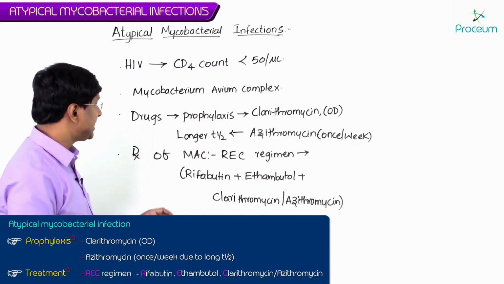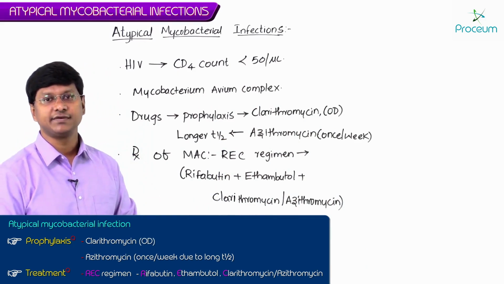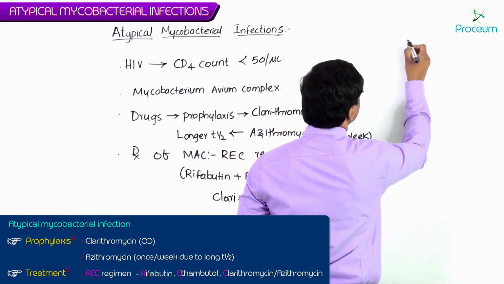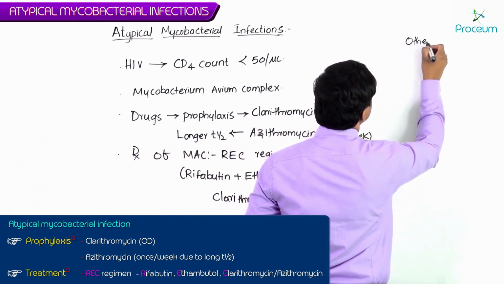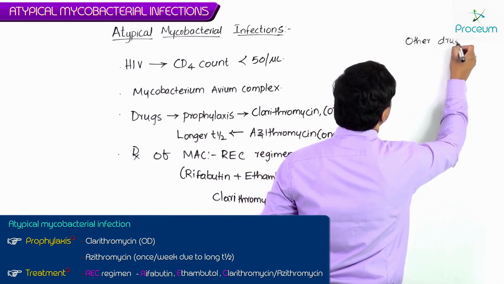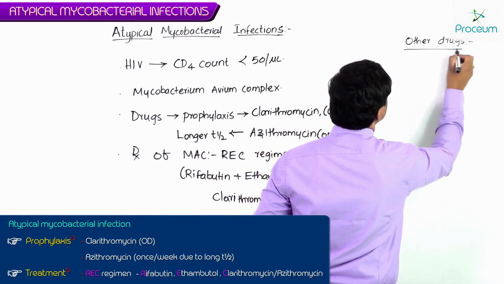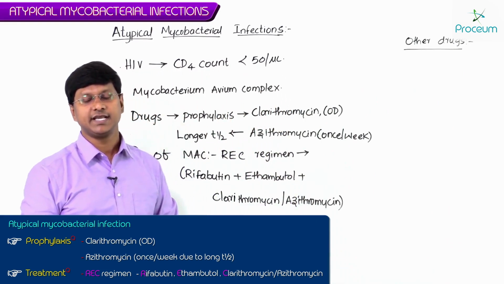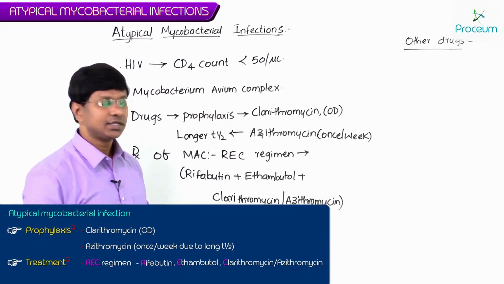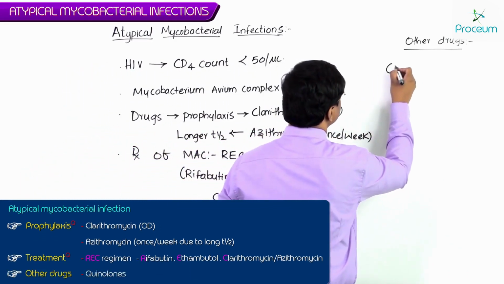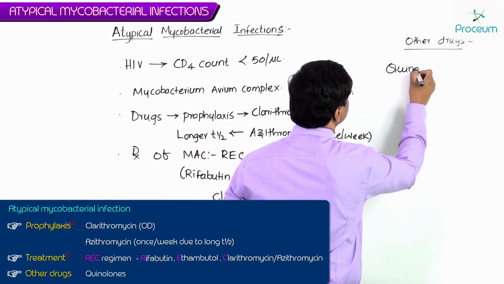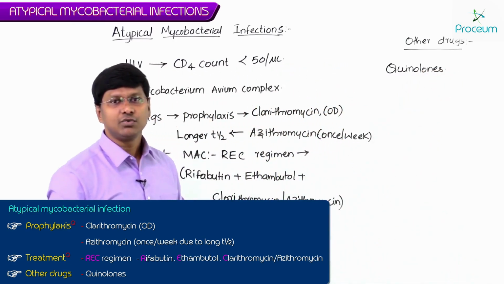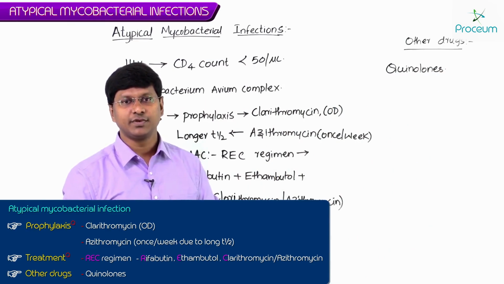Next, there are other drugs which are effective against the atypical mycobacteria. Let me tell you what those other drugs are. They are the quinolones. What are the examples of these quinolones?